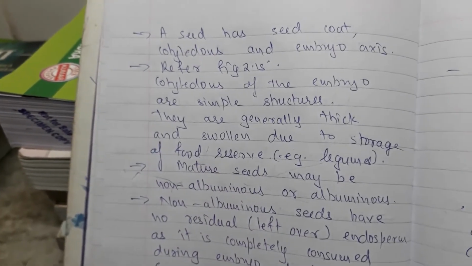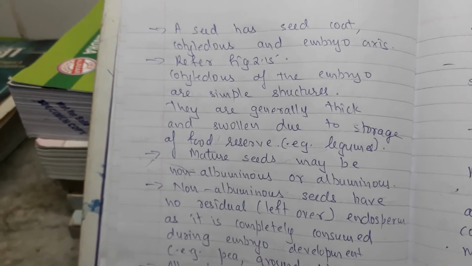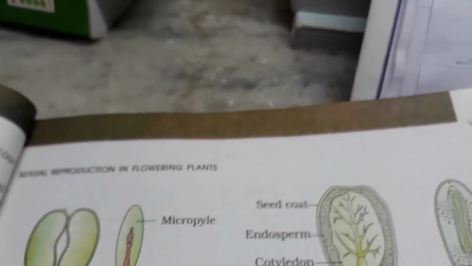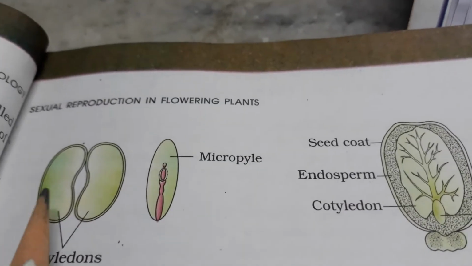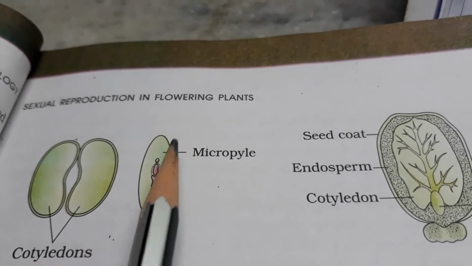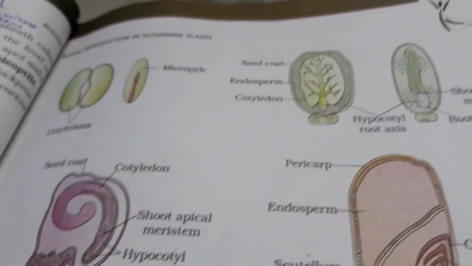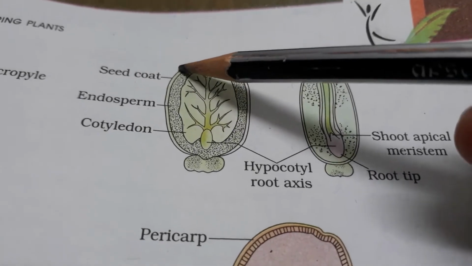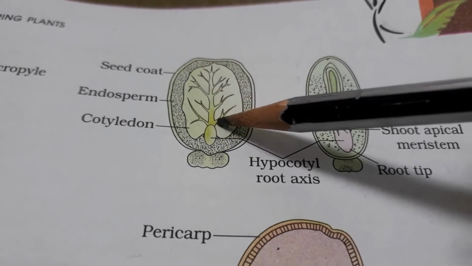Refer the page 37. See this structure of some seeds. Here, see the cotyledons, the micropyle end. Then you have the seed coat, endosperm and cotyledon.